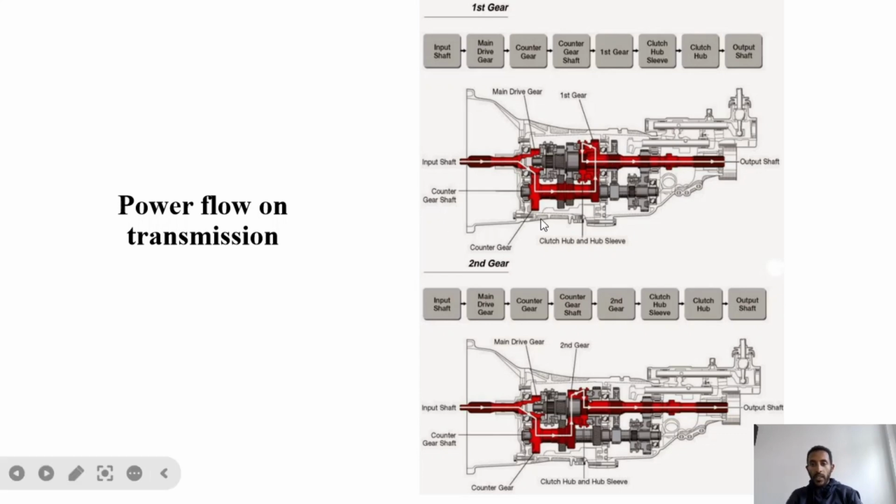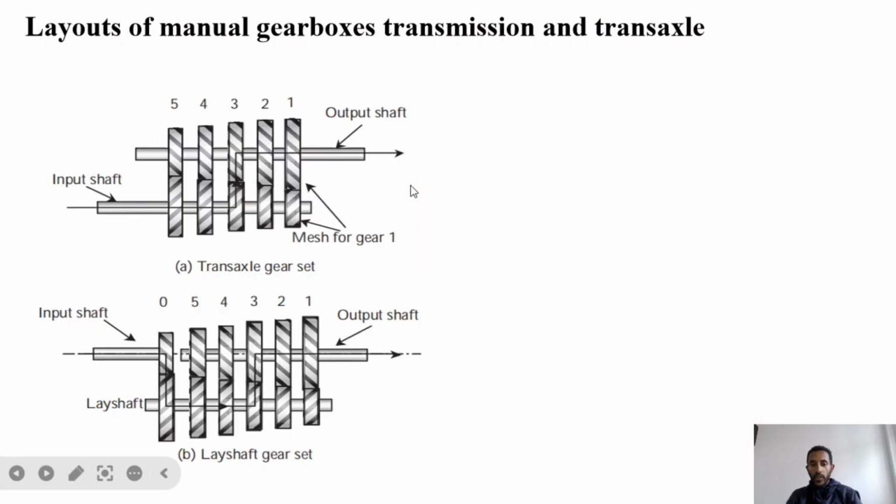Now, if you observe this picture, if the driving gear is small and the driven gear is large, we will obtain torque. That's why this one is first gear. When the size increases, the speed number increases. We call this part underdrive.